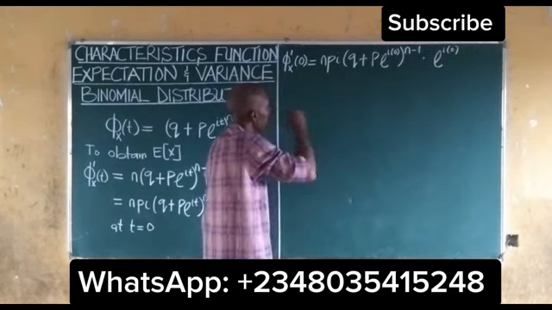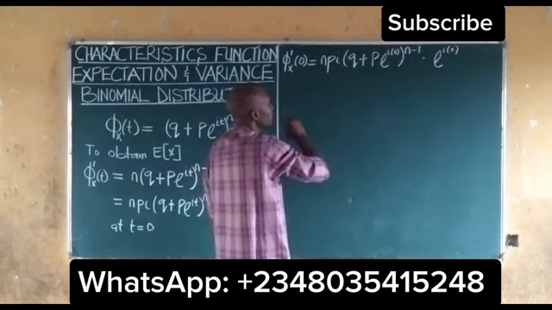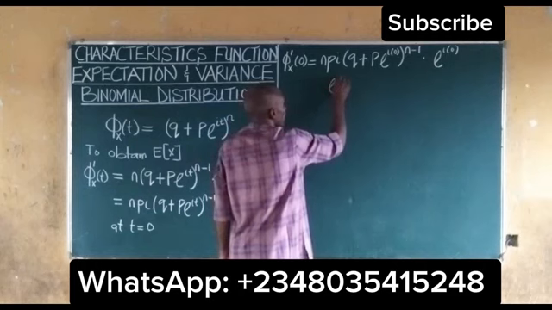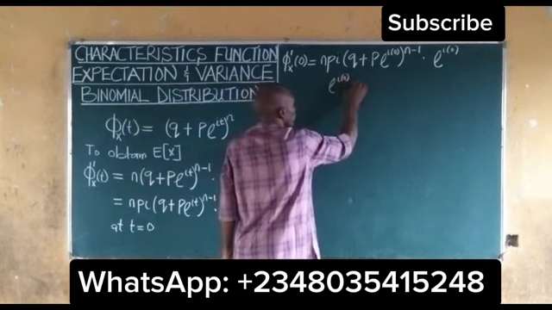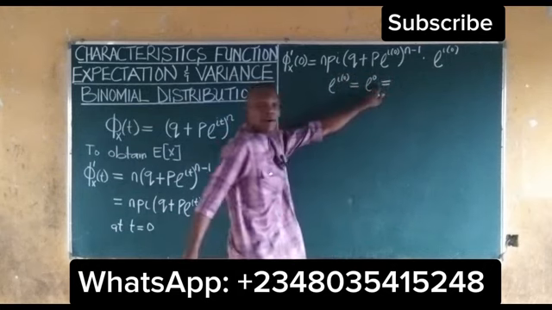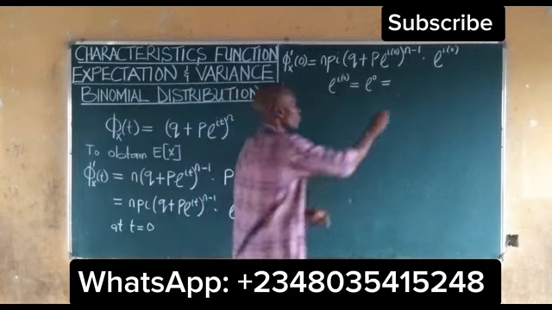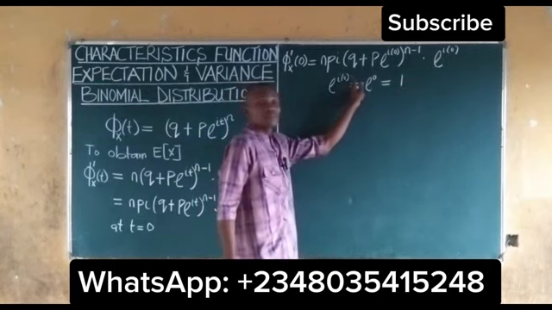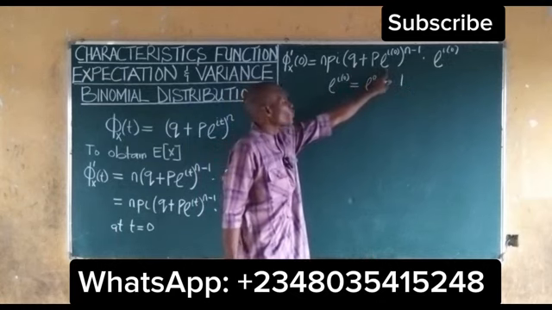We should also note that from indices, e^(i0) is the same thing as e^0, and anything raised to the power of 0 is 1. So we have 1 here. It means anywhere we see e^(i0), we put 1.